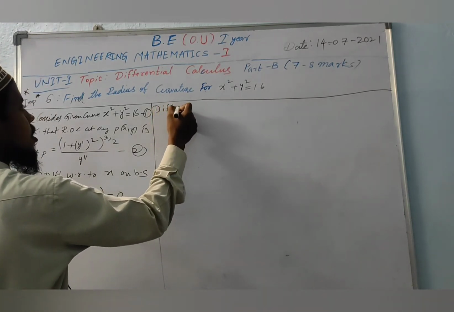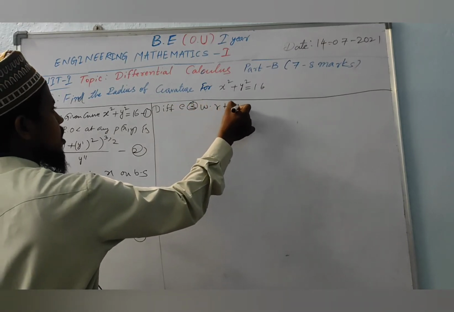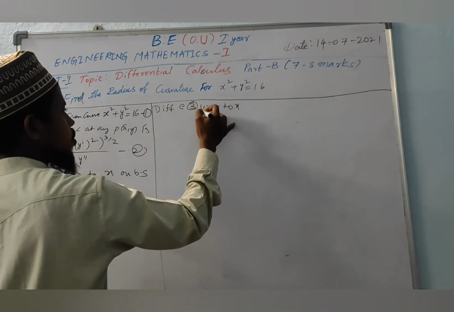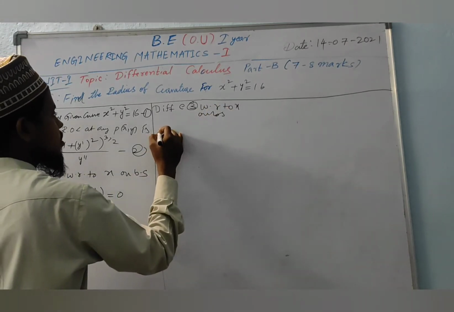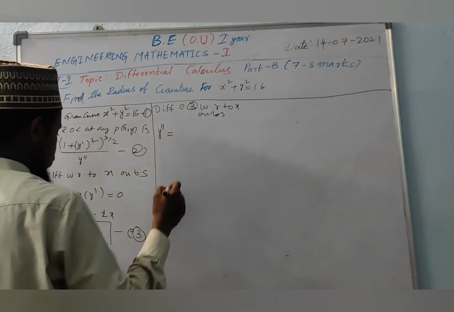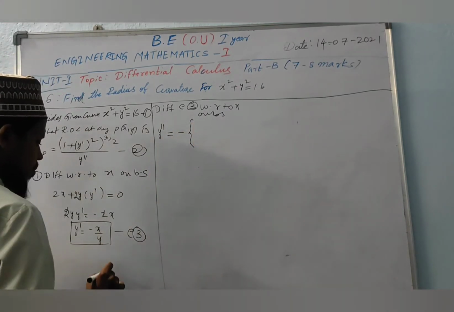Differentiate equation 3 with respect to x on both sides. y′ becomes y″, equals minus, and this is in the form of u by v.